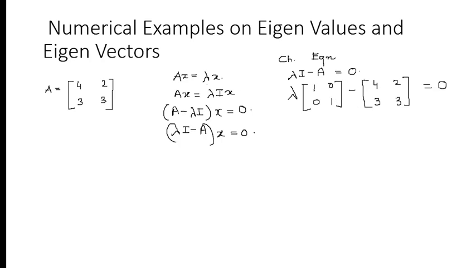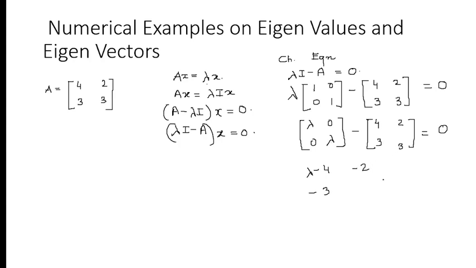Subtracting the elements of these two matrices, we get lambda minus 4, minus 3, minus 2, and lambda minus 3.